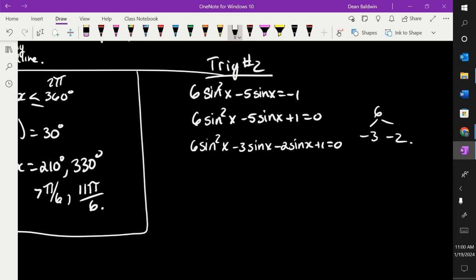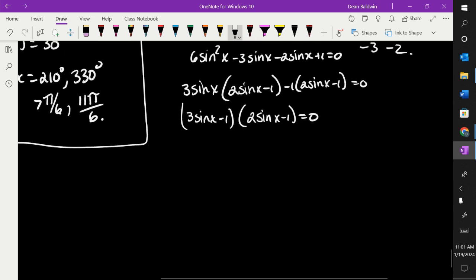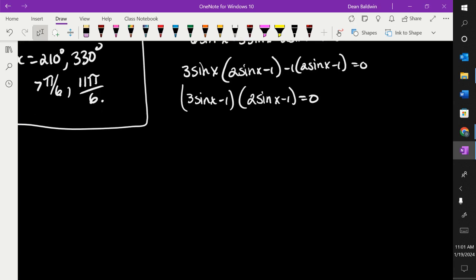There we go. Okay. That's right, correct? Did I do it right this time? 3 sine x minus 1, 2 sine x minus 1?